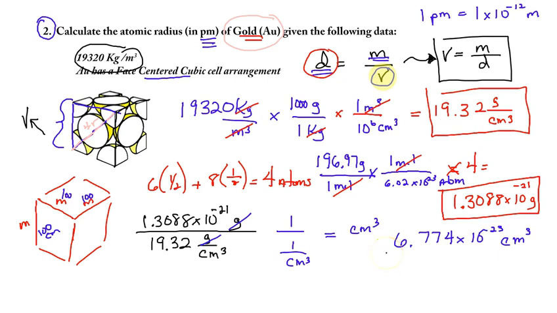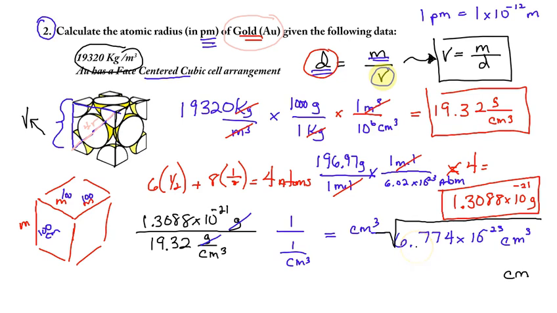Now we have a link to this dimension. Remember, the volume is the length times width times height. But because it's a cube, they're all the same. So to find the actual dimension that made this volume, all we're going to do is take the cube root of it. And notice the cube root of centimeters cubed is going to be centimeters.